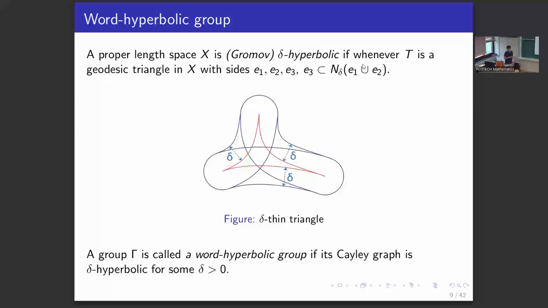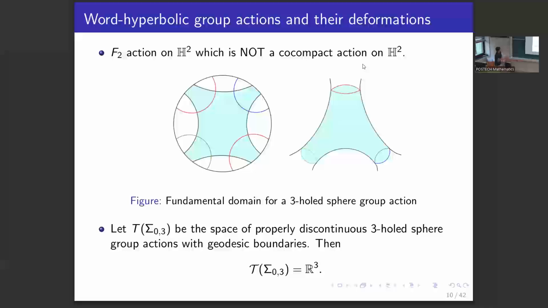So this is a kind of generalization of the compact surface group action on the hyperbolic 2-plane. Here is an example which is not co-compact, a hyperbolic patch, but you can find a compact subset of H^2 on which the group acts co-compactly. So this is also an example of stable group actions.